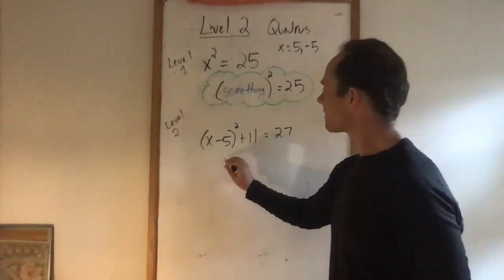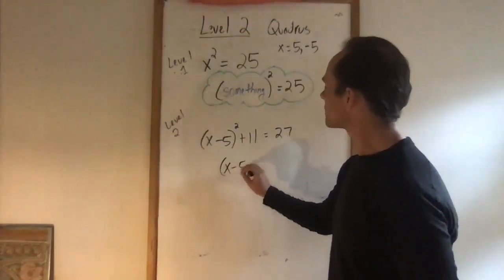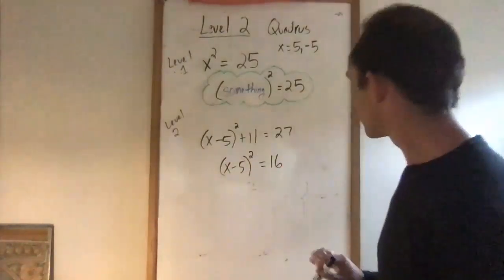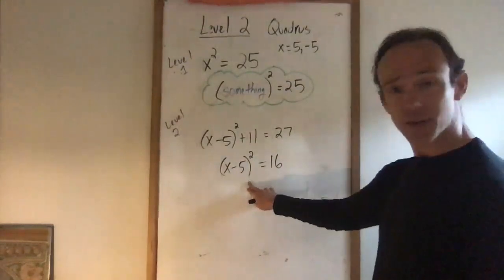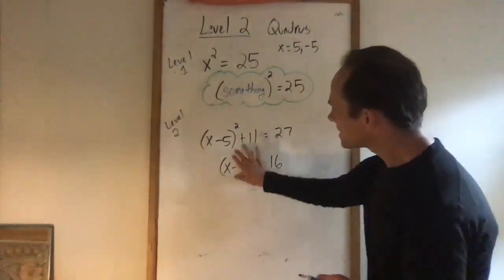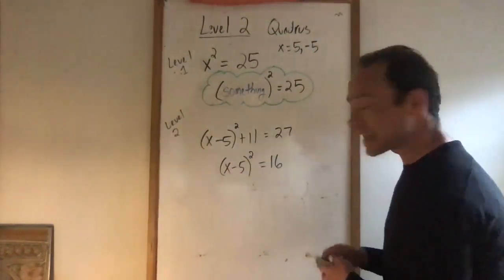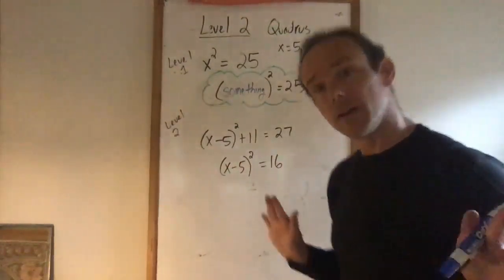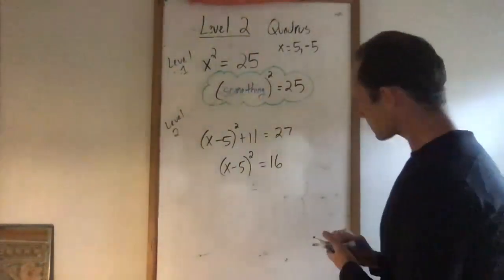So before we can evaluate it, we just want the something squared to be all alone. All right, now we're good. Now we can evaluate it. So something squared is equal to 16. That means this part in the parentheses has to be 4 or -4.